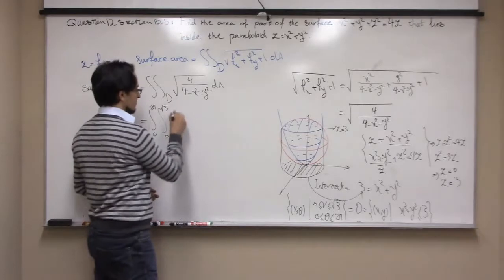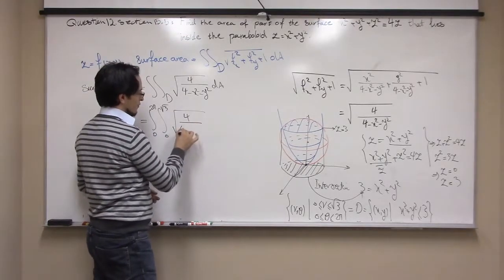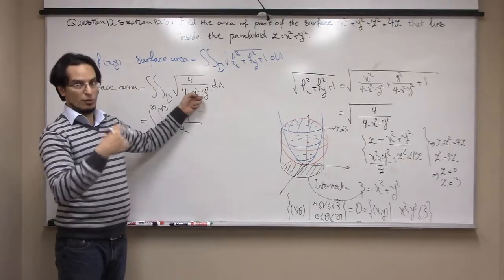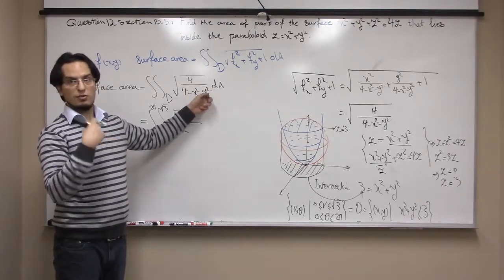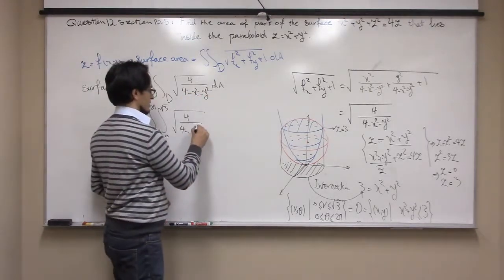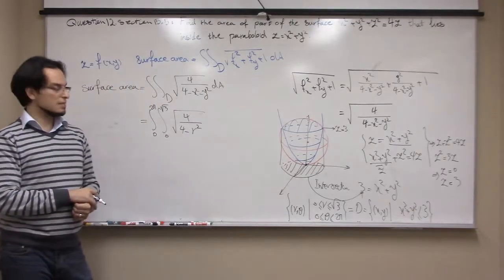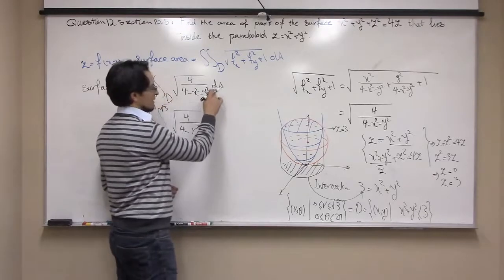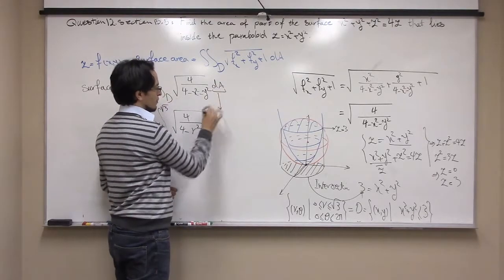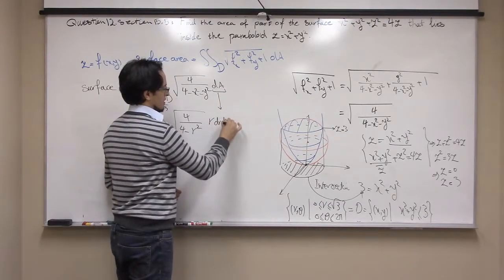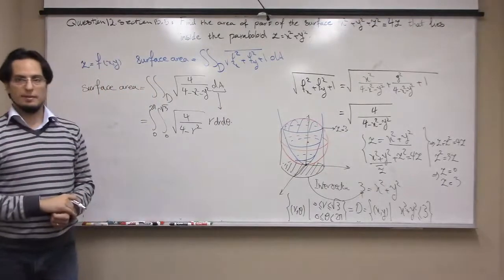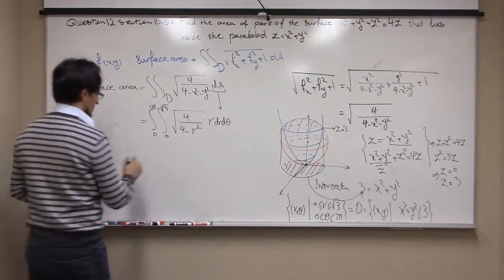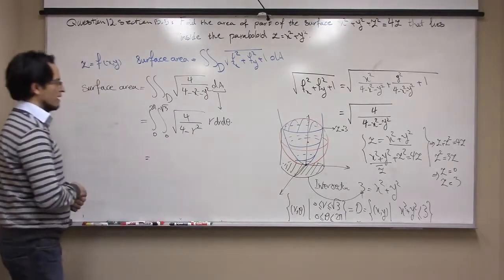So if I do, this is 4 minus r squared cosine squared plus r squared sine squared, so it gives me this. And then the third step is dA for polar coordinates. Okay, so it is ready to go. I can start from here and go ahead.